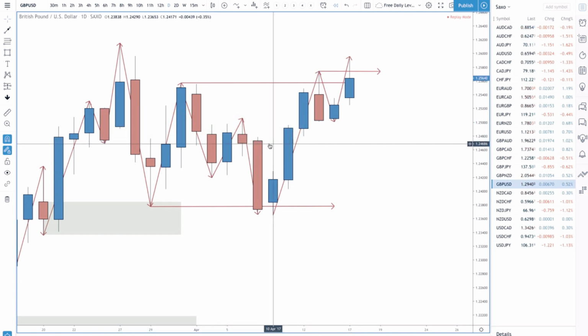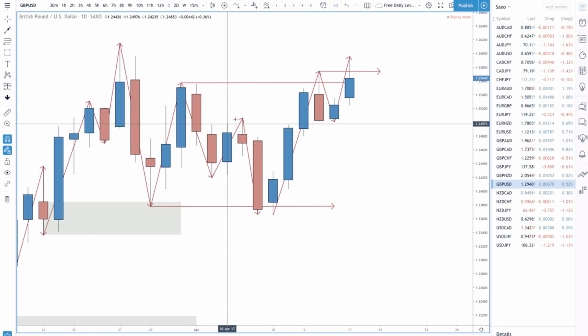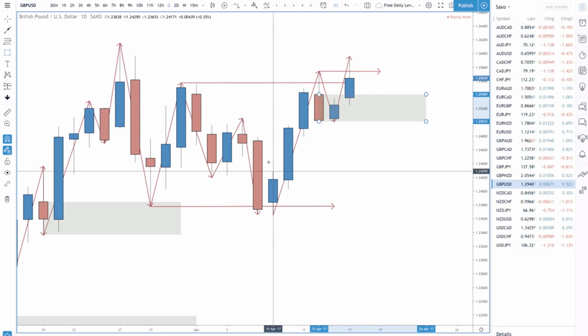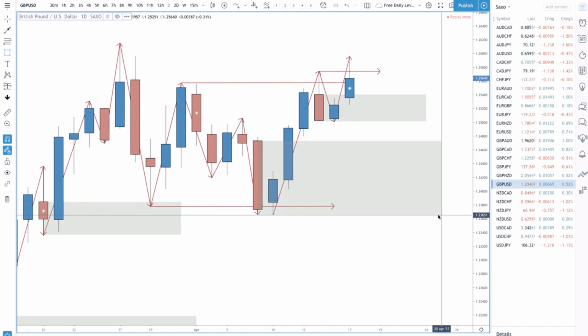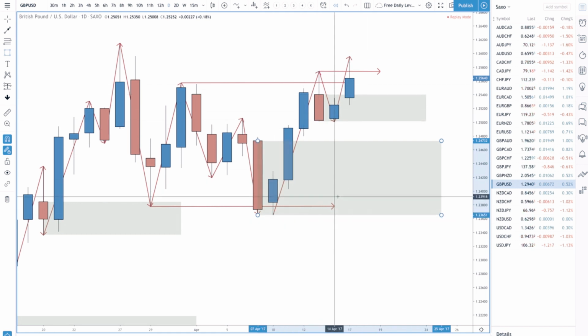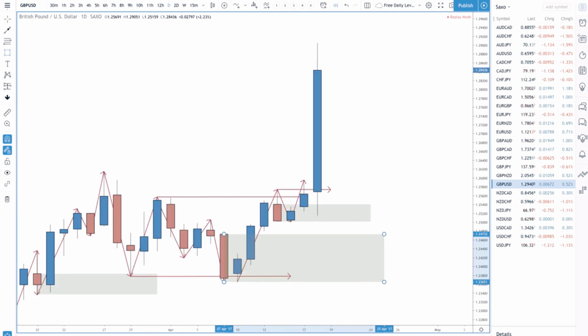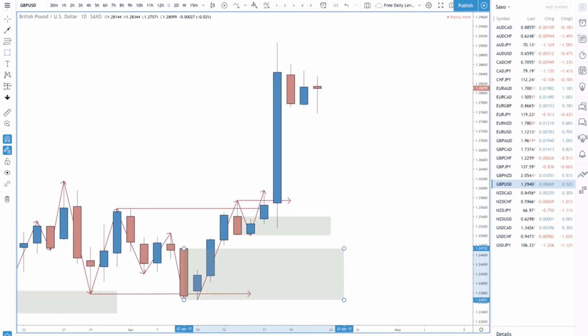Let's delete this just to clear the chart. We've not only got there to the swing, we've got there to that swing low there, where the lowest swing was there. So higher highs, higher low principle. And then we get a move higher, proof of value. Here we go.